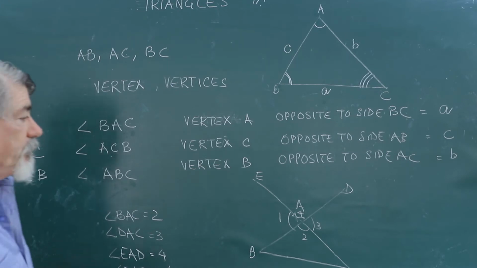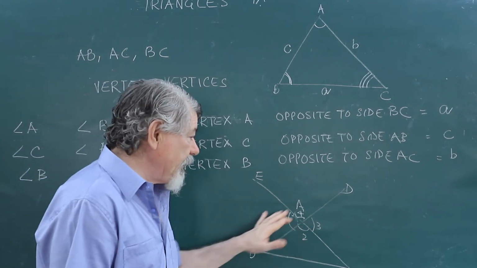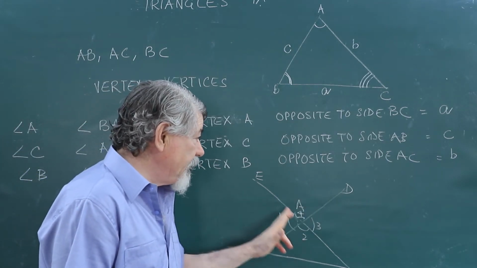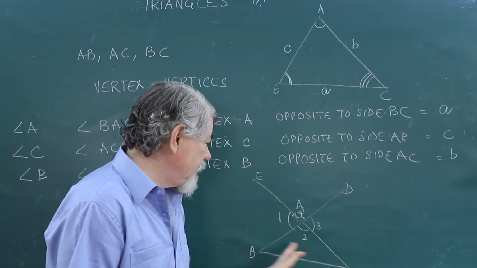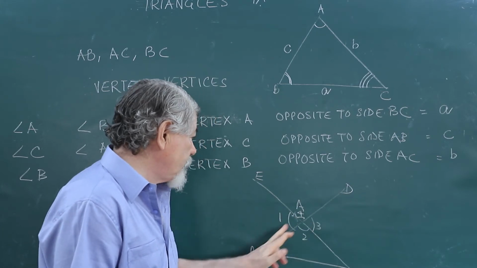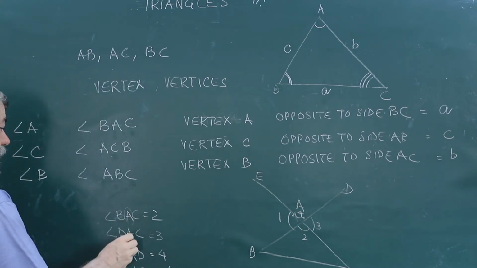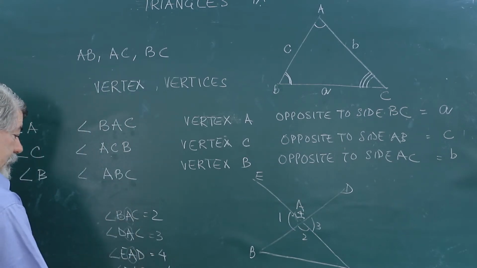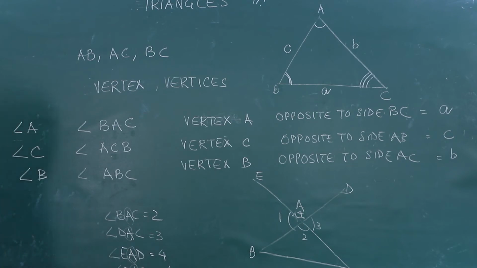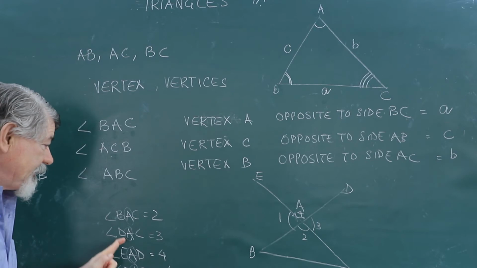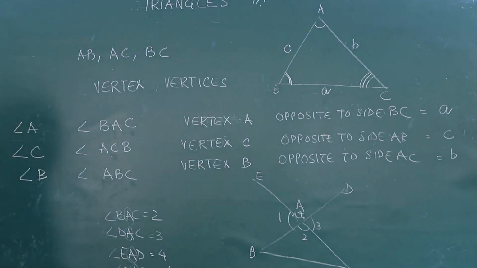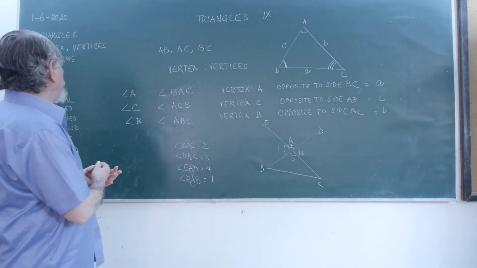That is why it is important that we write with the help of EAD or DAC or BAC or BAE. But one thing you must see is that the vertex A is in the center of each of the angles. That means at A the angle is formed.